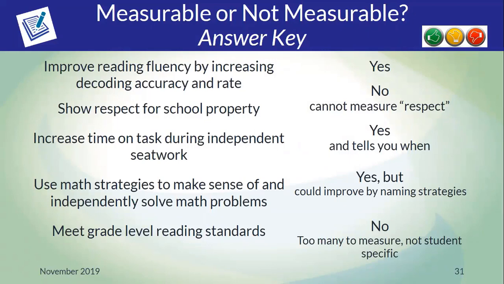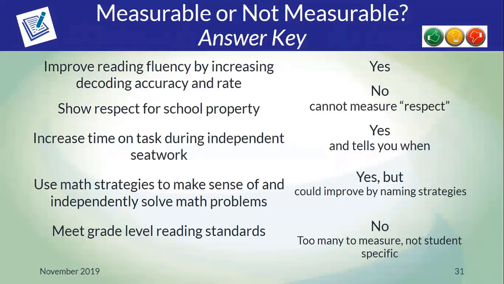Meeting grade level standards, we said, is not a reasonable target for a goal. It is a broad expectation for all students, not necessarily based on the analysis of effects and root causes for an individual student about any particular area. There are a very large number of sub-skills one would need to measure to determine if a student is meeting grade level standards.